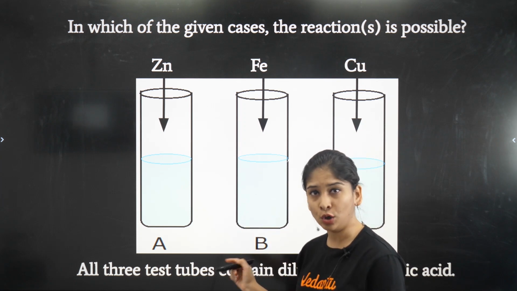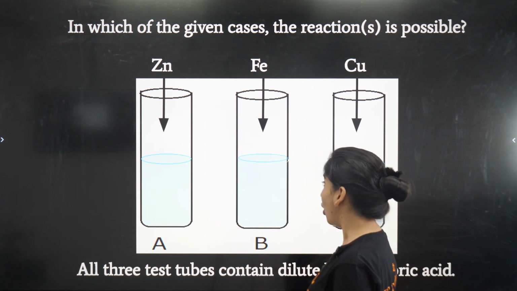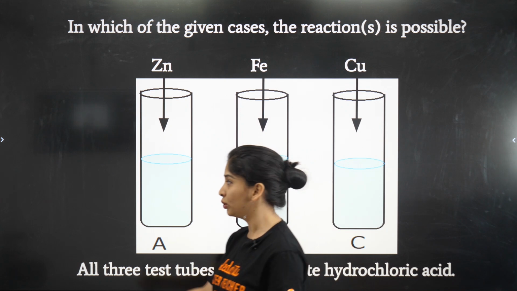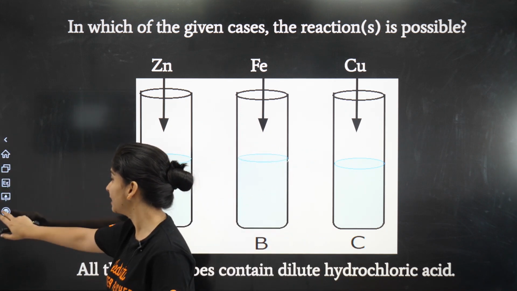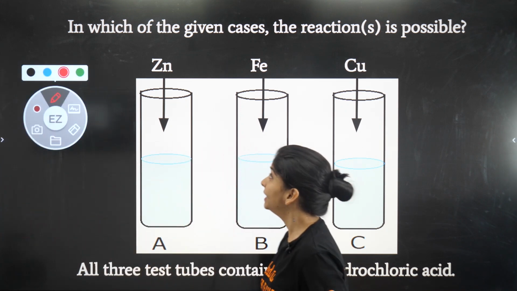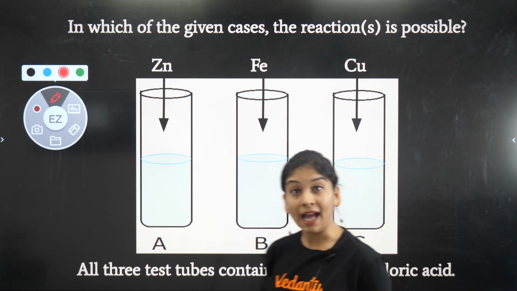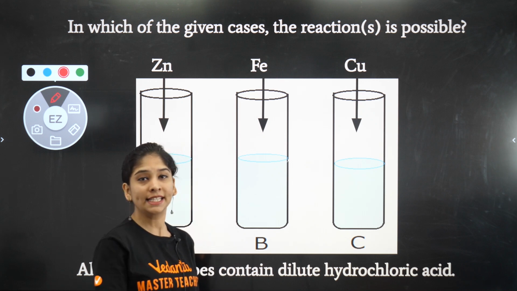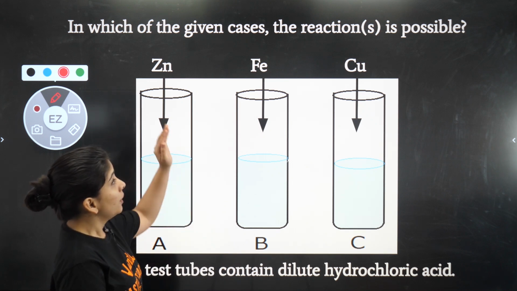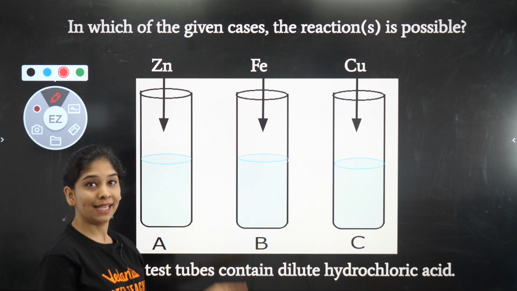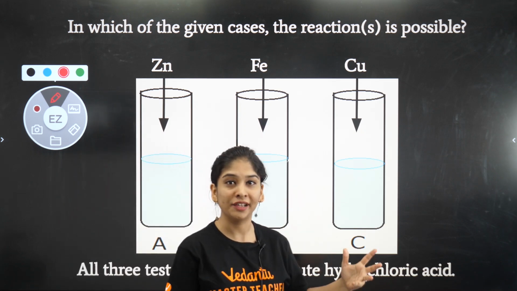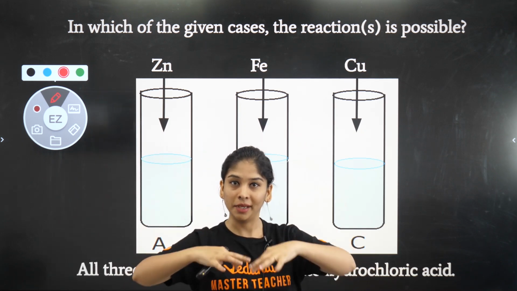So I'll give you some more examples to have a better understanding of this reaction. I have 3 test tubes A, B and C, and all these test tubes contain dilute HCl. I have an acid, that is dilute HCl, which we have put, and 3 metals: zinc, iron and copper. In this reaction they are asking in which test tube there would be a reaction and bubbles start coming out.